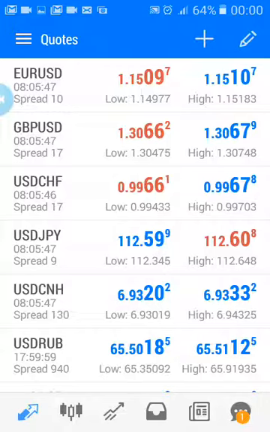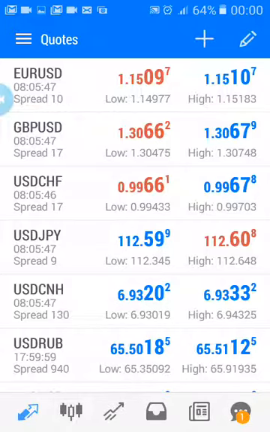Now that simply means if I want to place this trade, if I want to buy or sell the euro and the US dollar pair, I will press sell or buy, and when the order is executed on my platform, I will see a spread of -10 appearing.